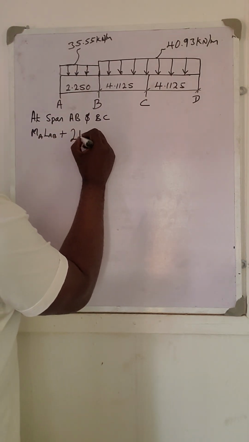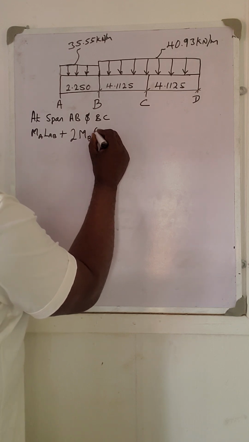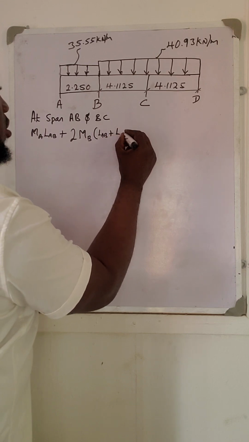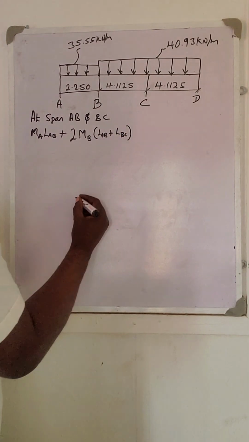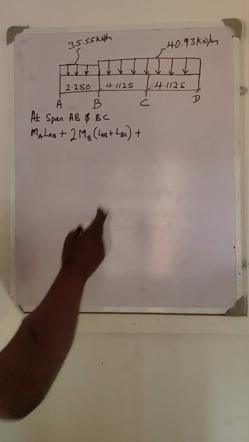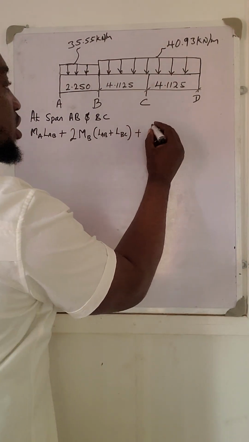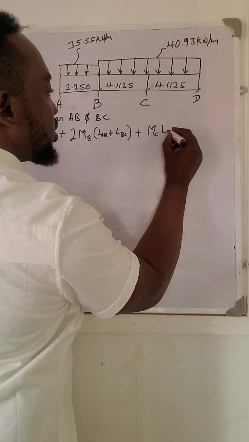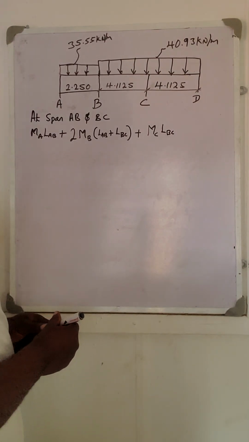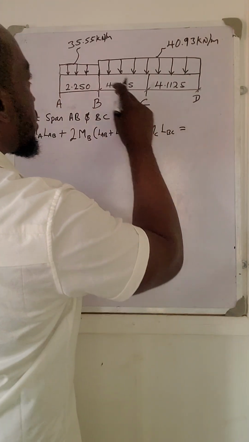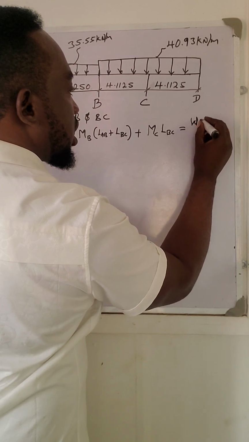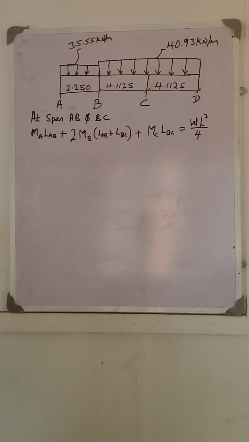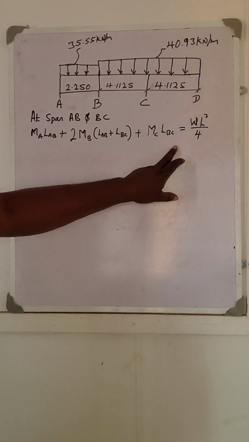So we say 2MB into LAB plus LBC, plus MC, the moment at C, multiplied by LBC, or you can call it LCB. All of this will be equal to the load WL raised to the power 3 over 4. All right, this is the three moment equation.